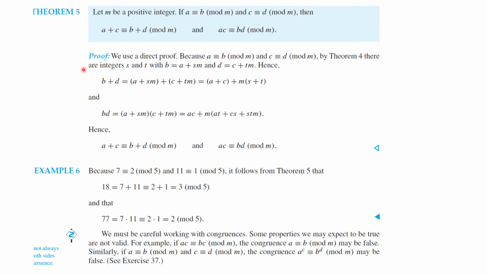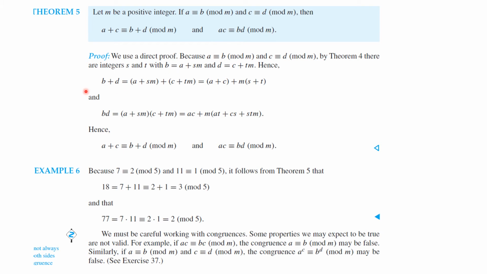Now, multiplication and addition preserve congruence, and so here's a theorem and also a proof. Let m be a positive integer. If a is congruent to b mod m and c is congruent to d mod m, then a plus c is congruent to b plus d mod m, and a times c is congruent to b times d mod m.